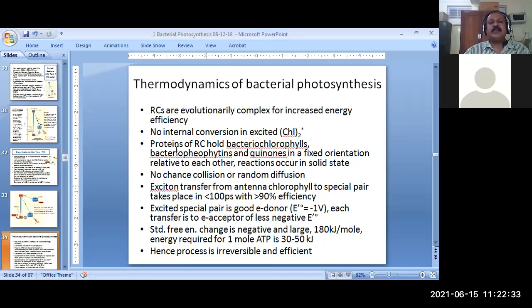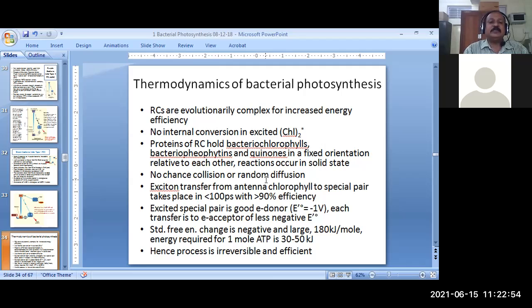So these reaction center molecules and the reaction centers as such are evolutionarily very complex. That is to say that they have evolved over many years. And the reason is that photosynthesis is a very important part of metabolism.